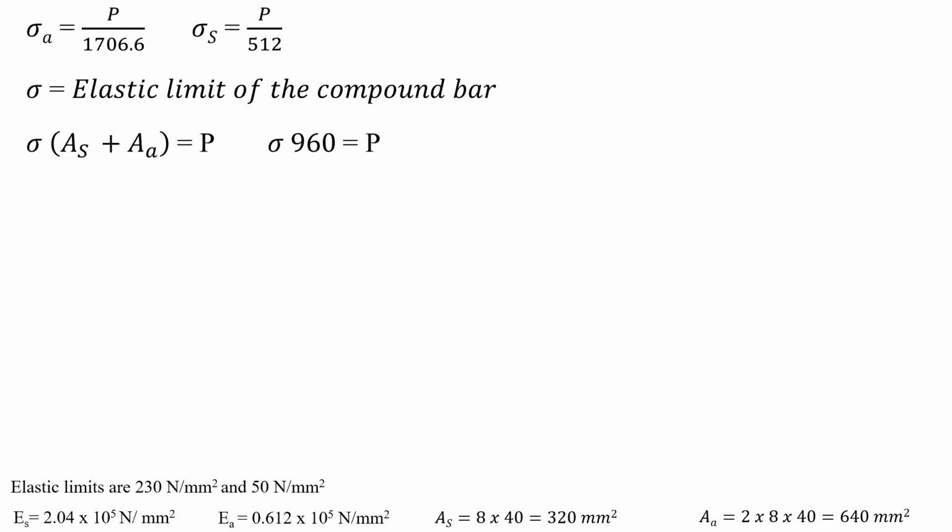So the relation between sigma and P is sigma into 960 equals P.